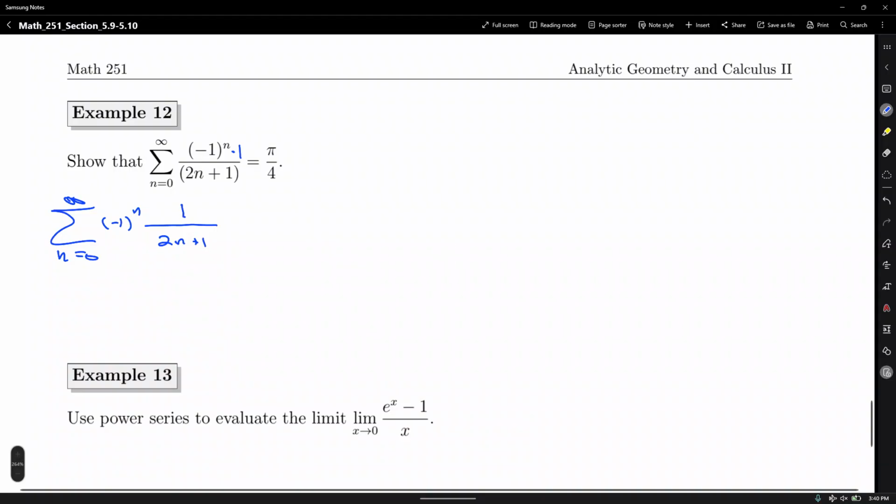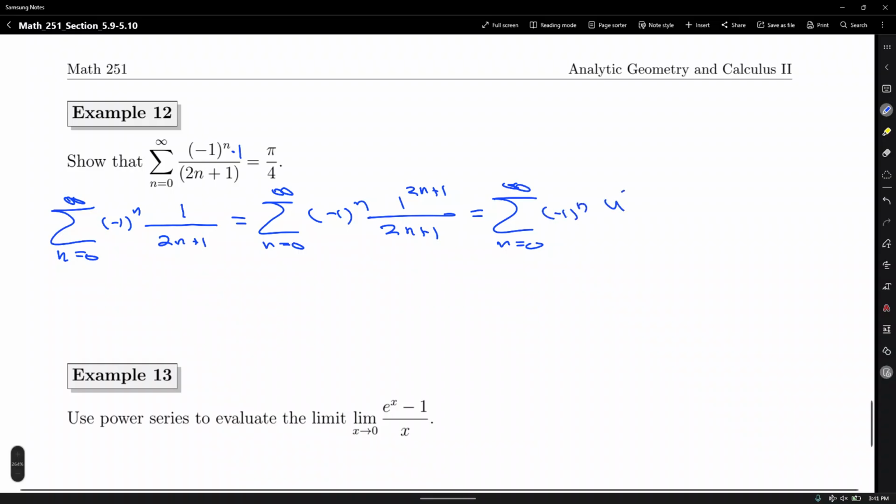That number one, we can raise it to whatever power, maybe to the second, maybe to the third, maybe to the 2026, your favorite power. But I like the power 2n plus 1. Do you guys agree that 1 to the 2n plus 1 is still 1? So this will be sigma n equals 0 to infinity of negative 1 to the n, u to the 2n plus 1 over 2n plus 1.